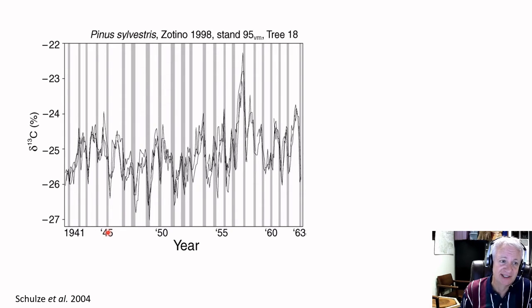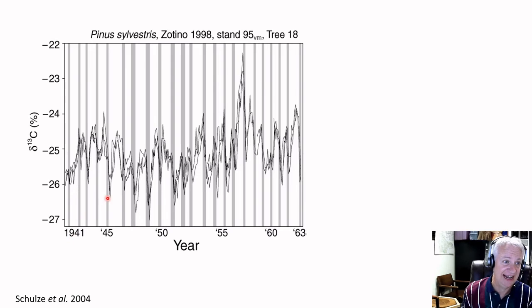This is really neat because the way they did this, they had a sample of wood and a laser that was vaporizing the wood. The laser would vaporize the wood, feed that into an analyzer and a mass spec like I just showed, and move along the sample of wood so that they could get, with fine resolution, the stable carbon isotope ratio of that wood within a growth ring.